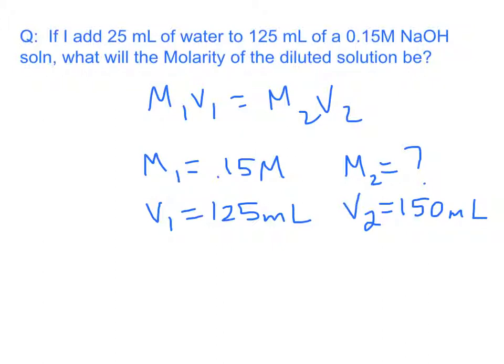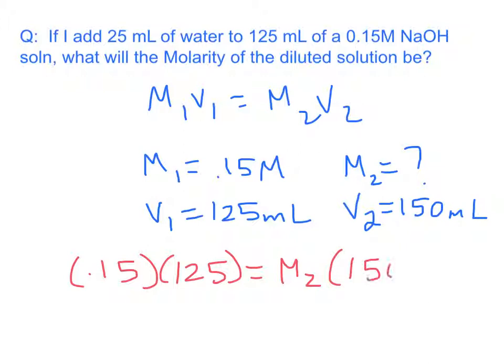So now that we have all these variables here, M1, V1, M2, V2, we can plug in and go ahead and solve the problem. So 0.15 times 125 equals M2, which is kind of like our X that we're looking for, times 150.